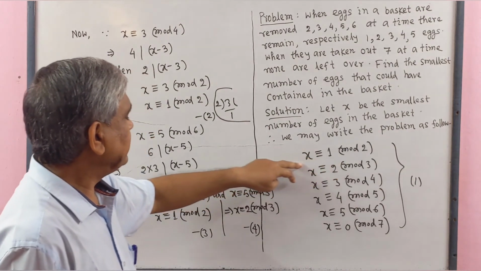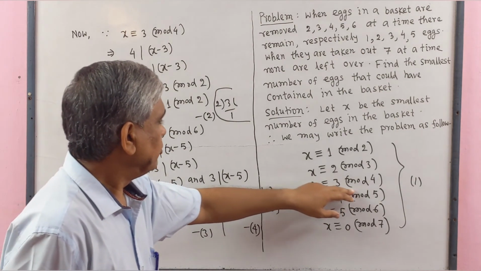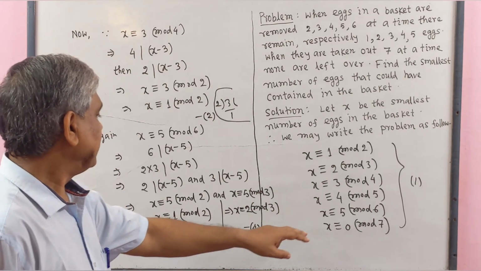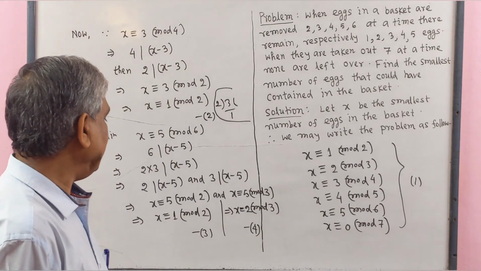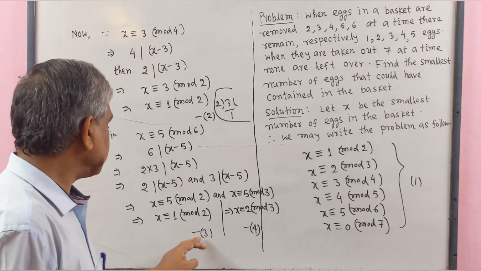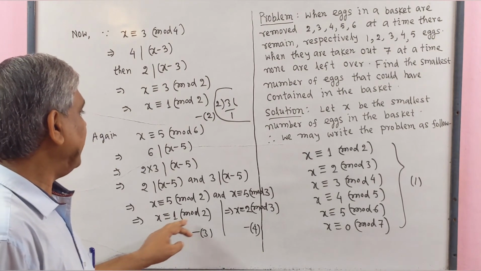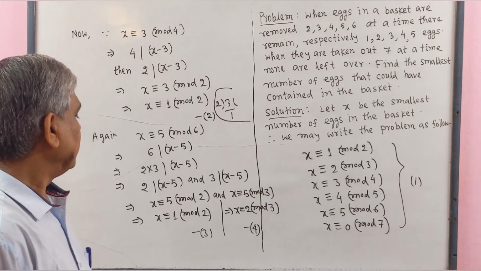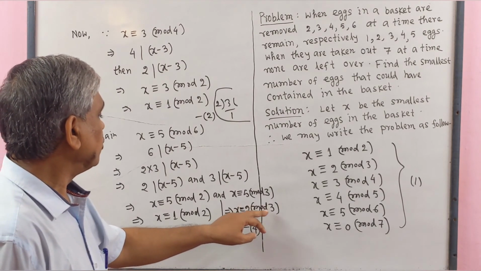We may delete this congruence because this congruence fulfills the property of this congruence. Again, we may delete this congruence, x is congruent to 5 modulo 6, as this congruence is fulfilled by congruences 3 and 4, and 3 is already fulfilled by congruence x is congruent to 3 modulo 4, and we take only this congruence, x is congruent to 2 modulo 3.